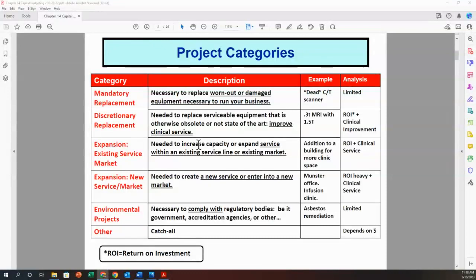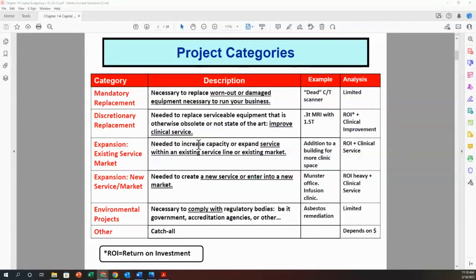Expansion into an existing service or market. So let's say you have an existing service and you want to expand within an existing service line or existing market. Sorry, increase capacity. I'll give you examples.